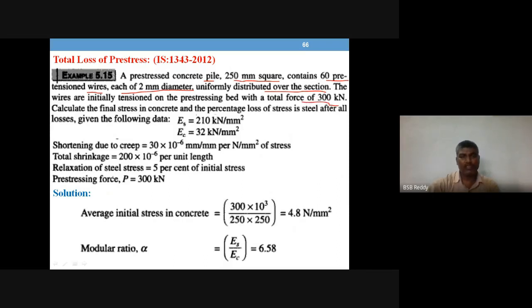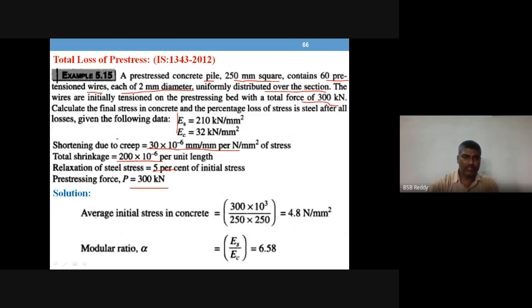Calculate the final stress in concrete and percentage loss of stress in steel after losses. Following is the data. Creep strain is given, total shrinkage strain is given, relaxation percentage is given, and the pre-stressing force is already there, 300 kilonewton.